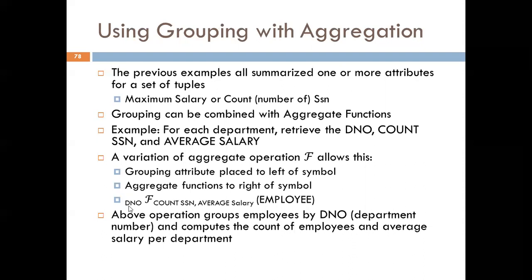So here D number is written, then the aggregate functions count SSN, average salary. Now this will return the department number, count and the average salary. So three things it will return.